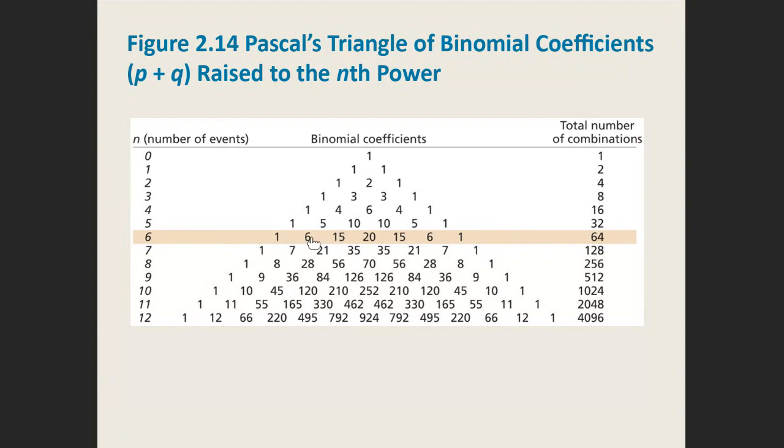But here are the different 1, 2, 3, 4, 5, 6, 7 numbers of events occurring. Okay, so this would be 6 boys, 5 boys and 1 girl, etc.